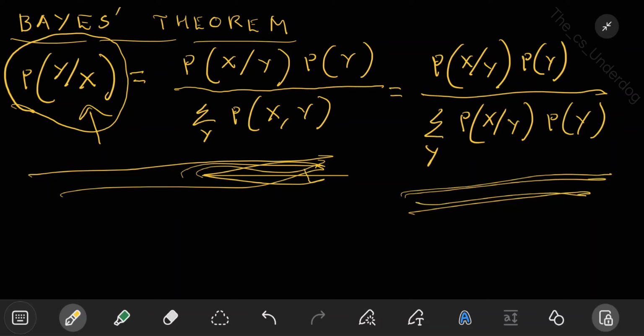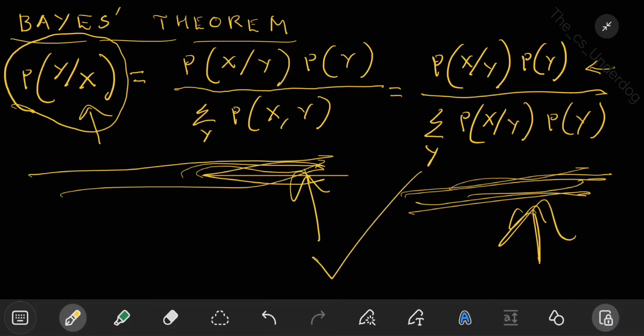Depending on the situation, you may have to use either this form or this form. Probability of y given x can be expressed as probability of x given y into P of y divided by the summation over all terms of y of P of x given y into P of y. This is what you call Bayes theorem.